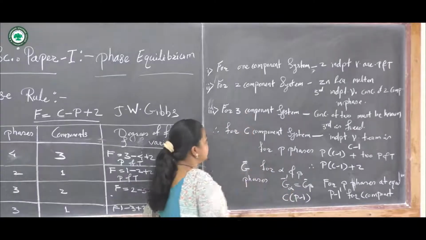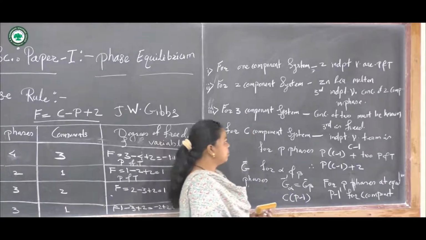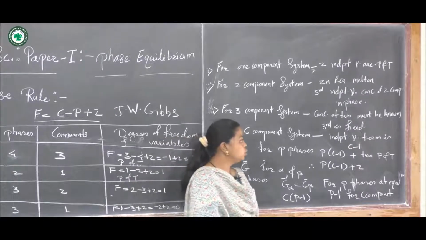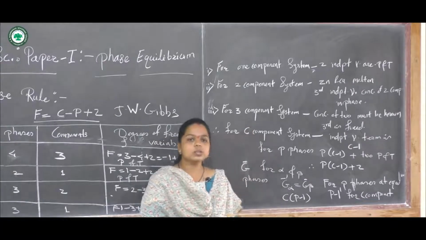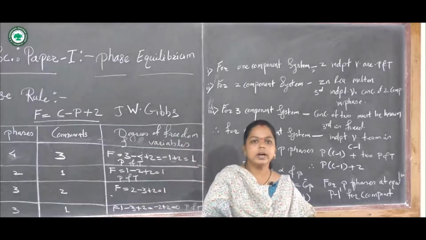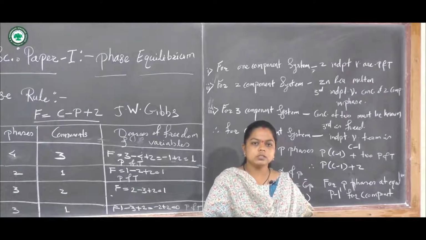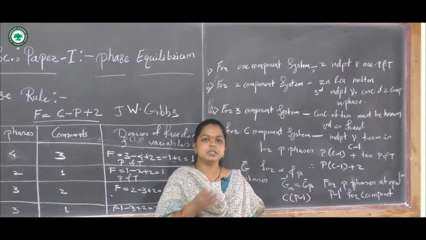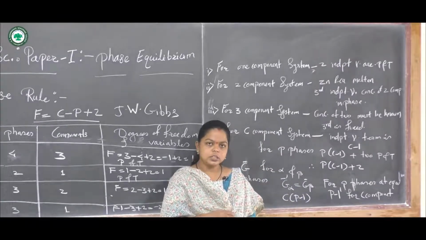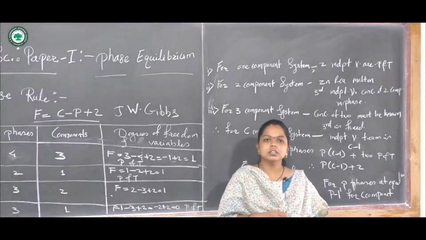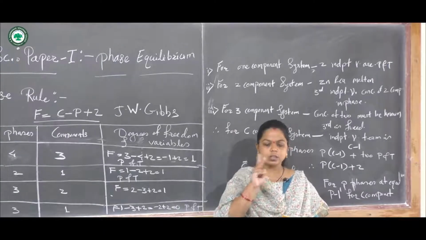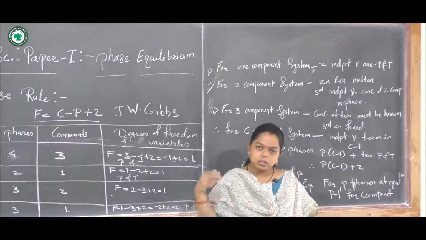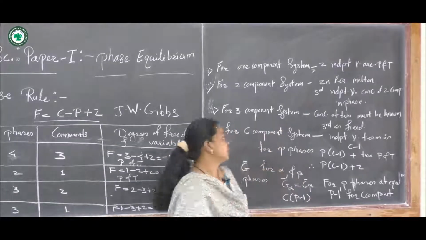Now when we consider the three component system, the concentration of two components must be known and the concentration of the third component must be fixed. So when a three component system is given, the two component concentrations must be known and the concentration of the third component must be fixed.